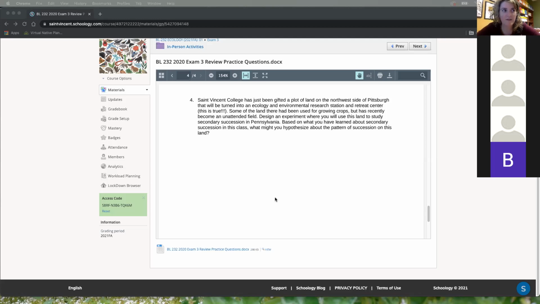I went on a tour of it 2 years ago, and he had died 5 years before that, and the refrigerator was still full of his food. There are 2 jacuzzis in his house, which is a wild place. There's a lot of work that needs to be done before it's turned into a research station. But anyway, St. Vincent has this land, and someday we will have an environmental research center.